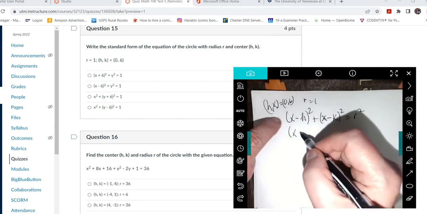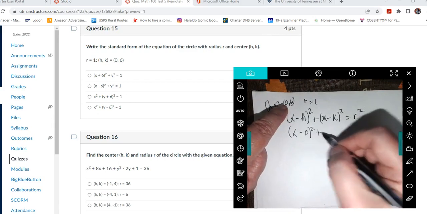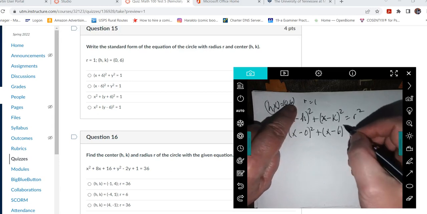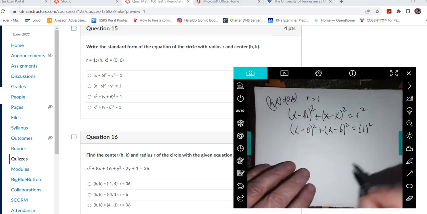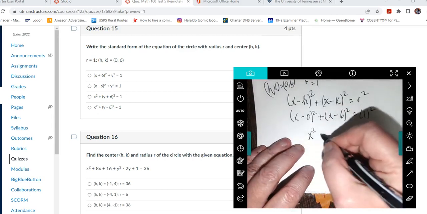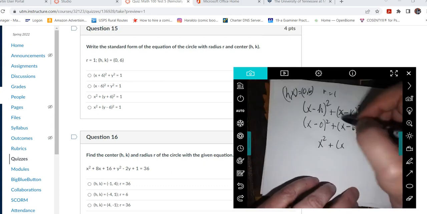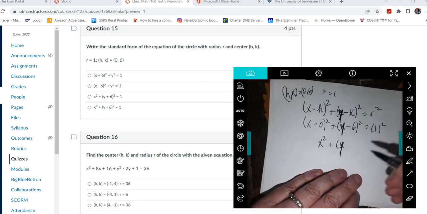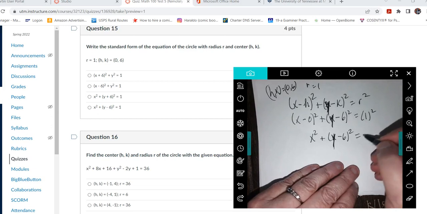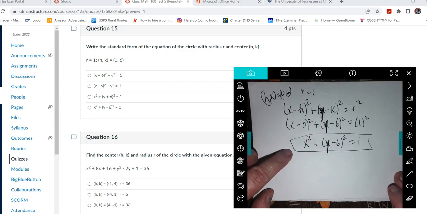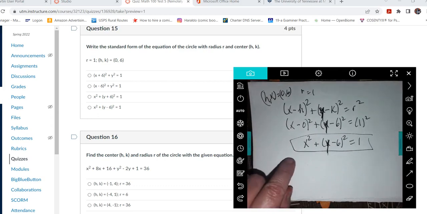Okay, so this will be x minus 0 squared plus y minus 6 squared is equal to 1 squared. And x minus 0 is just x. Oh, sorry, this will be a y here, my bad. And 1 squared is just 1. Okay, so this is the one that I'm looking for. Okay. So x squared, and that one there.